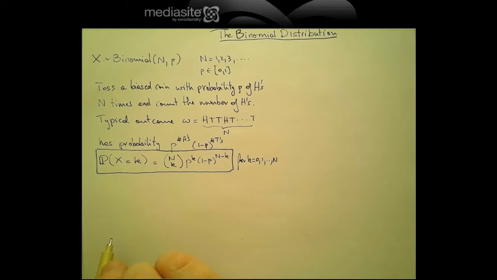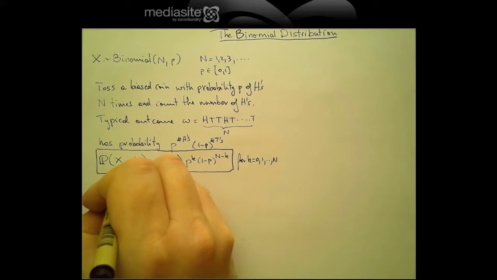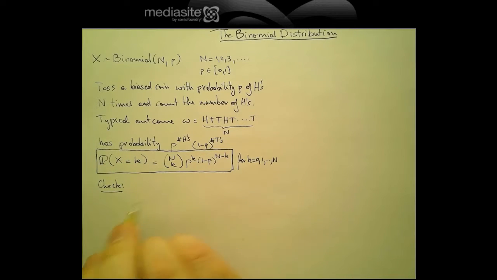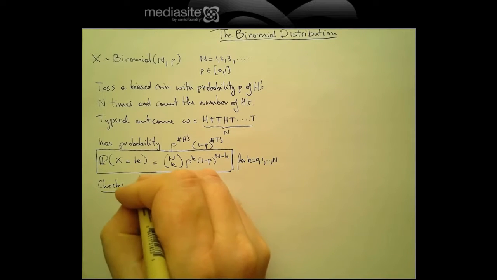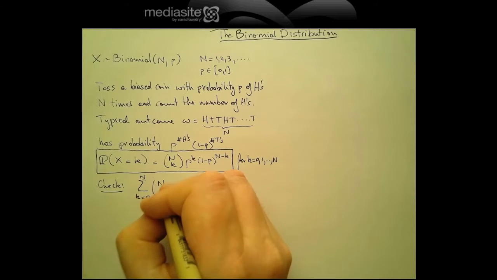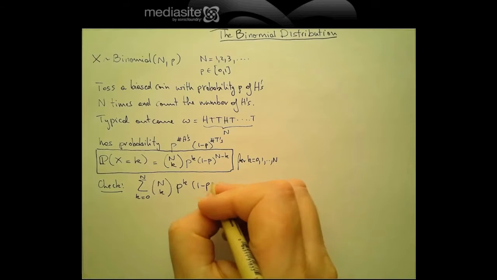So this is what is called the binomial distribution. Okay, let's check that it's a distribution. So let's see that it adds up to 1. So we need to sum from 0 to n of n choose k, p to the k, 1 minus p to the n minus k.